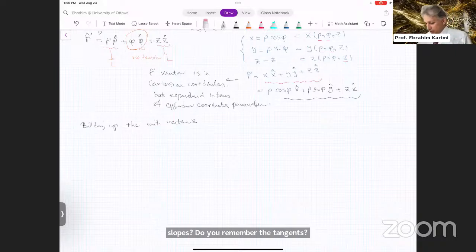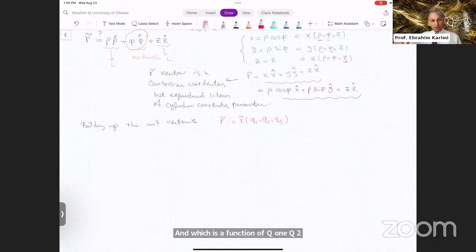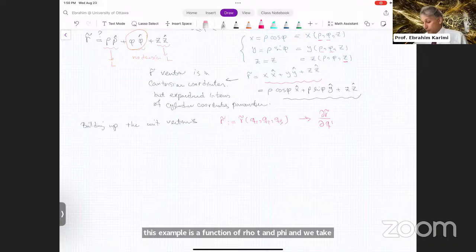We take r, which is a function of q1, q2, and q3, which in this example is a function of rho, theta, and phi, and we take the derivative of r with respect to those parameters. So the derivative with respect to q1 will be proportional to q1 hat, and etc. The derivative of r with respect to q3 will be proportional to the q3 hat.